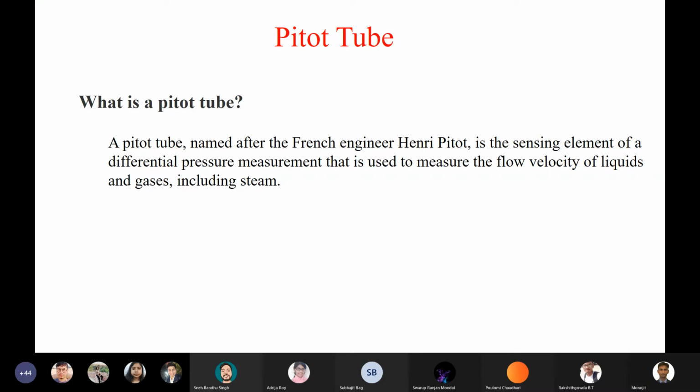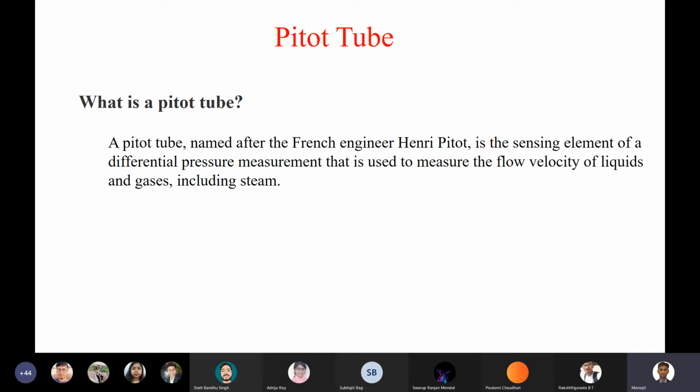Right. Can any one of you tell me where you have seen a pitot tube? Maybe in some very well-known or popular vehicle that we come across.